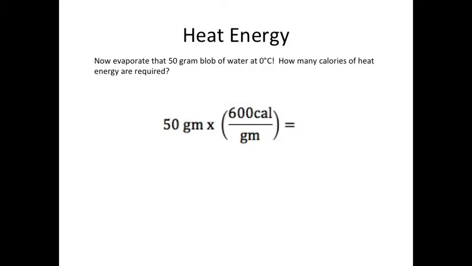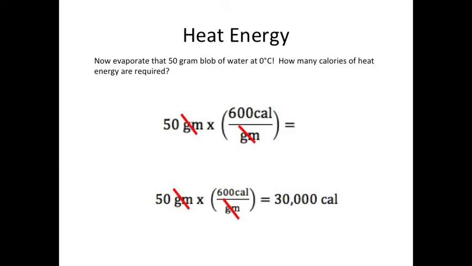So now to set up your equation, it's going to be your 50 grams times 600 calories per gram. Since you have grams on the top and bottom part of the problem, you can cancel them out. So now you have 50 times 600 calories, which equals 30,000 calories as your final answer.